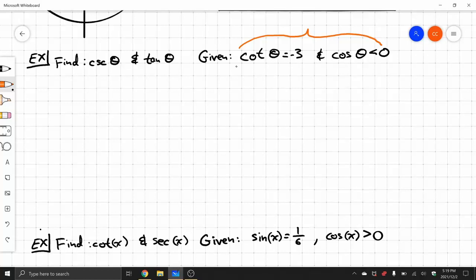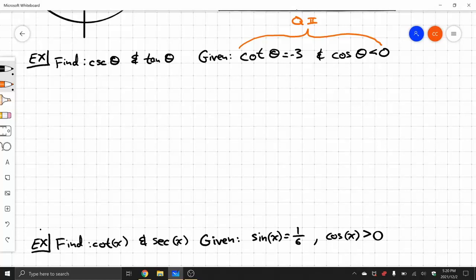However, my cotangent is negative. So if I have a negative cotangent, I must be in Q2, because tangent and cotangent are going to be positive in quadrants 1 and 3. I have a negative cotangent here, so I've got to be in quadrant 2. And we'll see why that's important here in a bit.